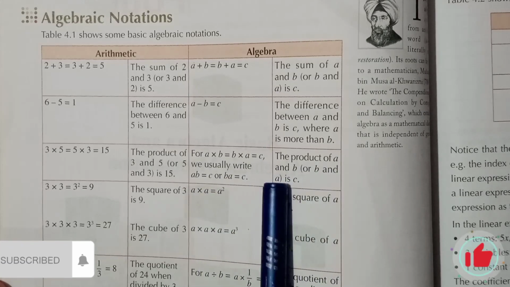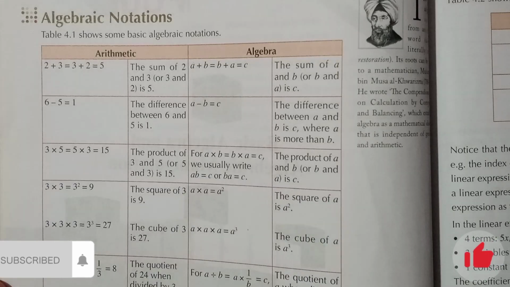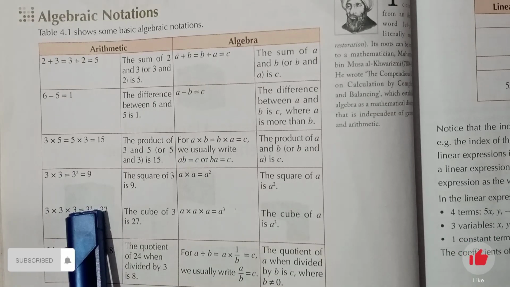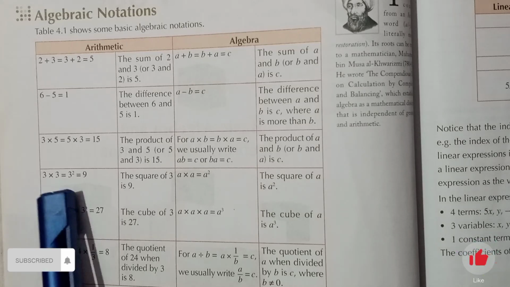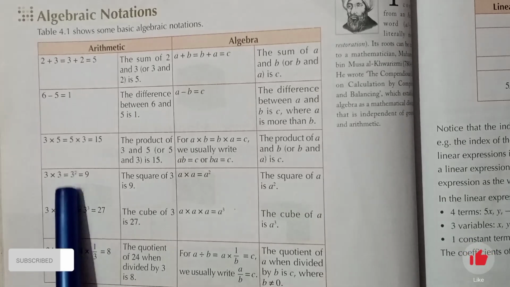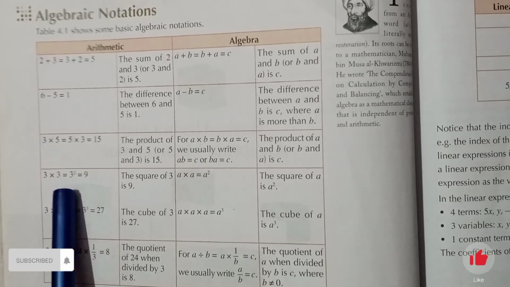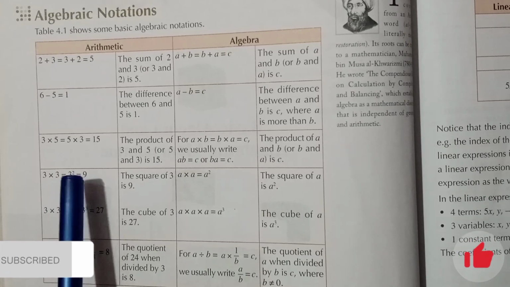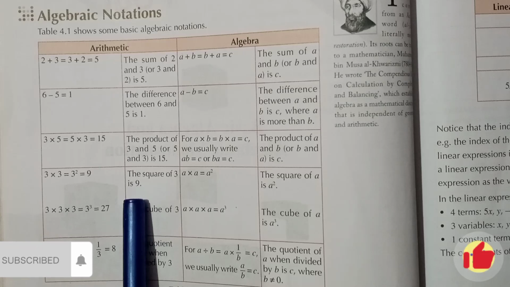The product of a, b or b, a is c. Now multiply the two numbers in arithmetic. 3 into 3, the product is 3 threes, which is 3 square, and the answer is 3 threes are 9. So the square of 3 is 9.